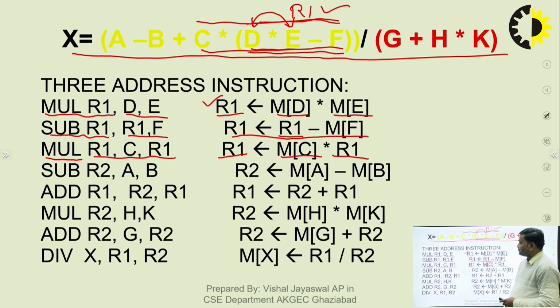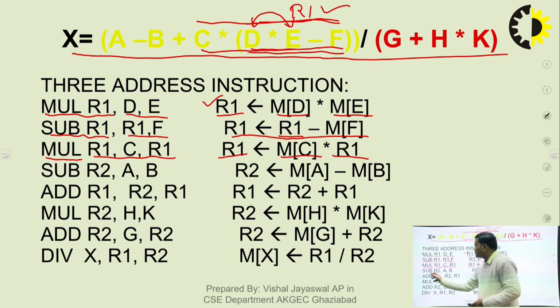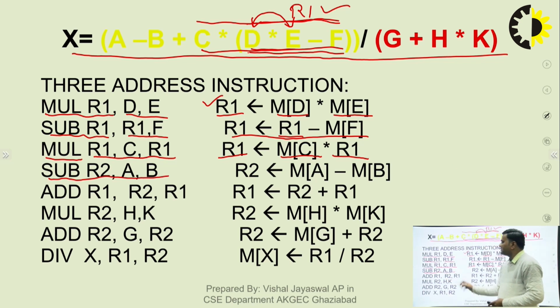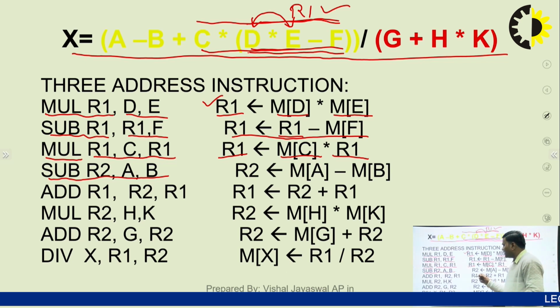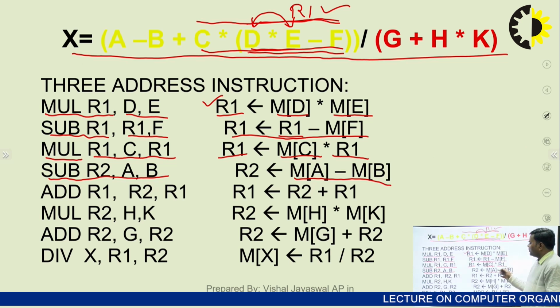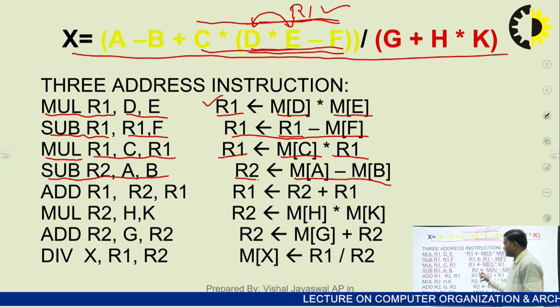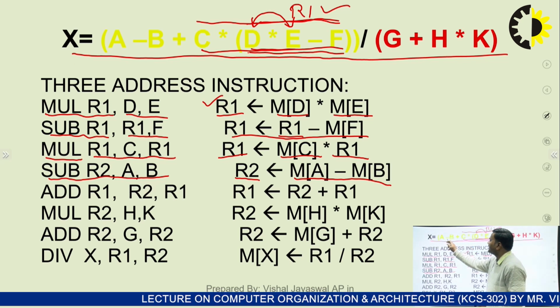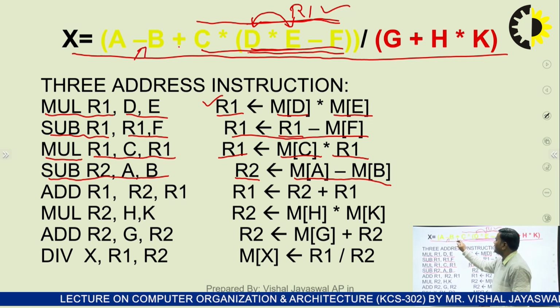After that, we take another register, that is R2, with SUB R2 comma A comma B. It means we subtract A minus B and store the result in the R2 register, that is M of A minus M of B. Here we can see the signs subtract and add.